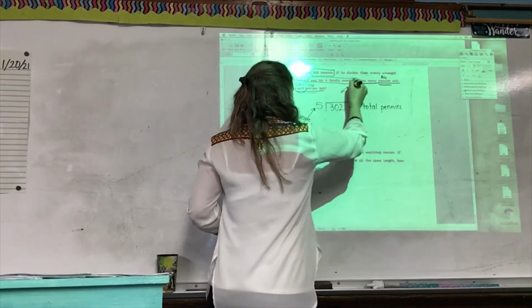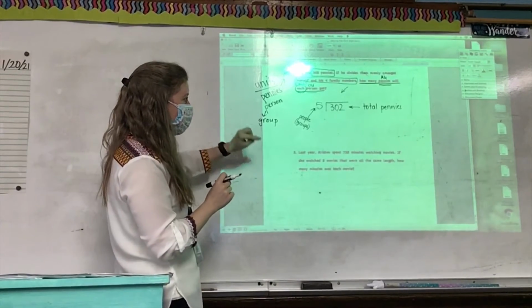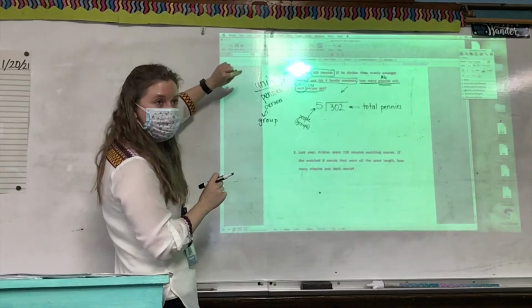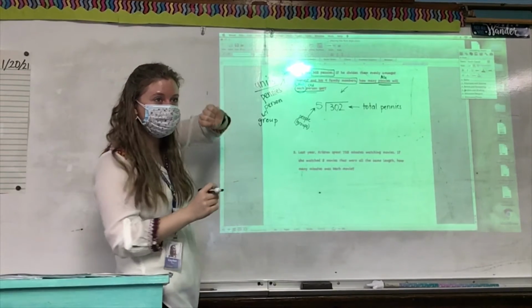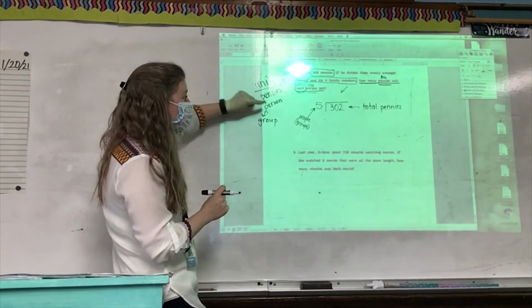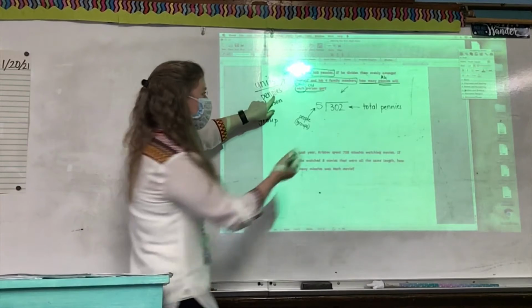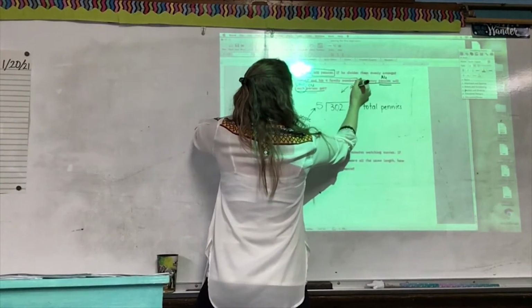So, this is the items in each group, which in this story is the what each what gets. How many pennies each person gets? Good. We're replacing the word item with pennies. So, pennies.